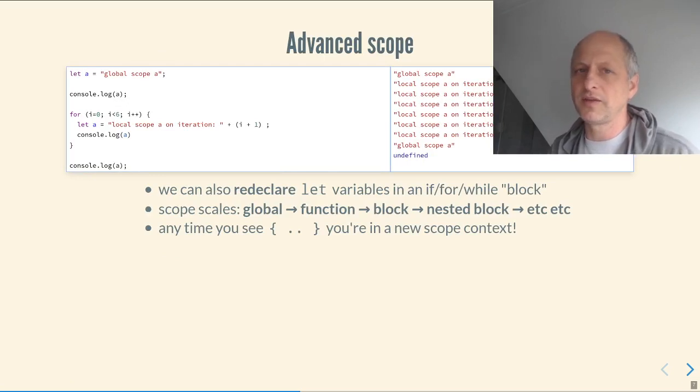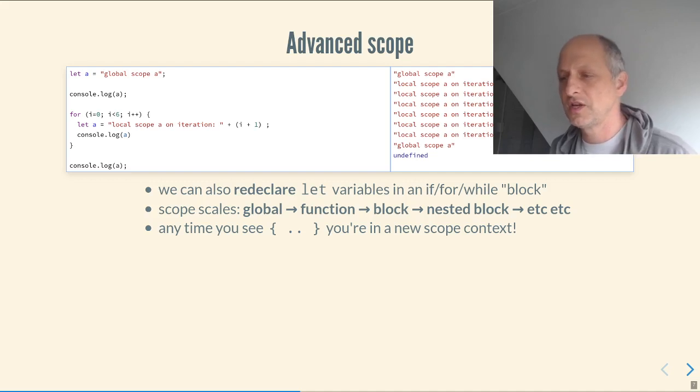Just a little bit more advanced discussion about scope. Scope doesn't just take place in functions. In JavaScript, with let statements, and with let-bound variables in particular, a new scope is defined every time we enter a set of curly braces.